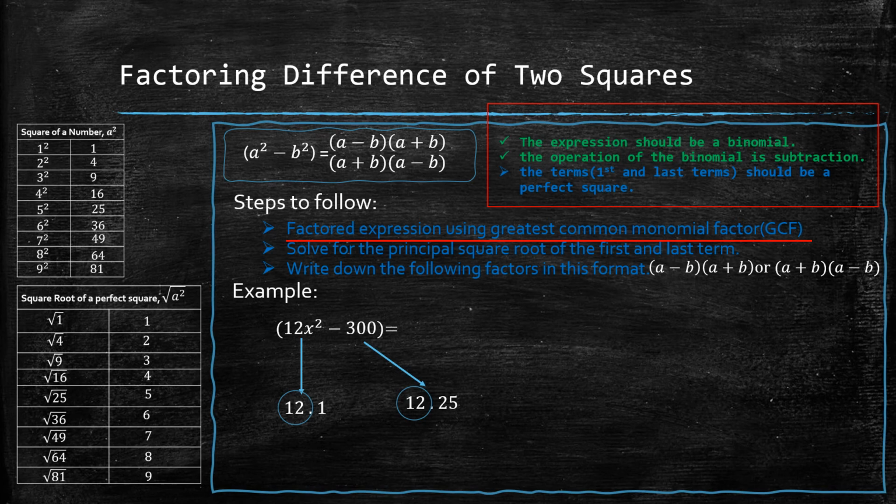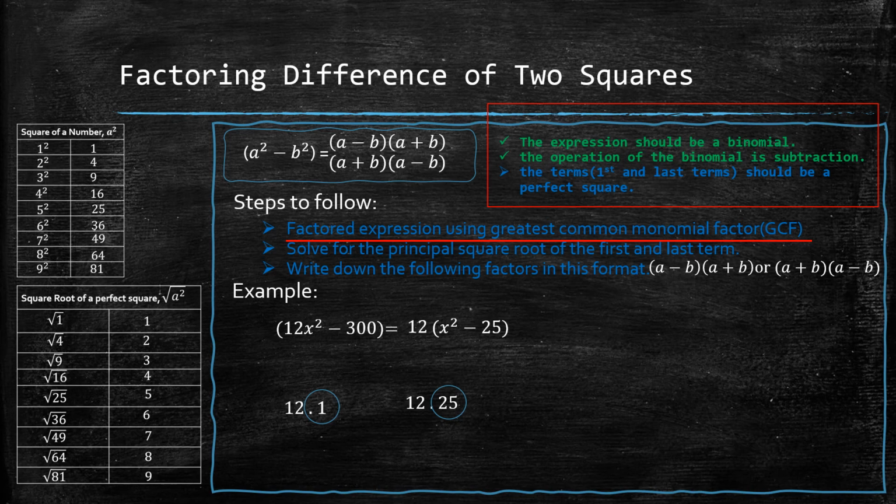From the previous video, after we get the greatest common factor or common monomial factor, we write it down right away. Then what is left? What is left is 1 and 25.